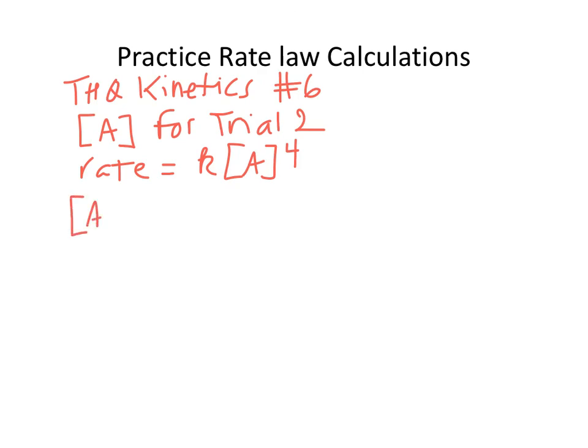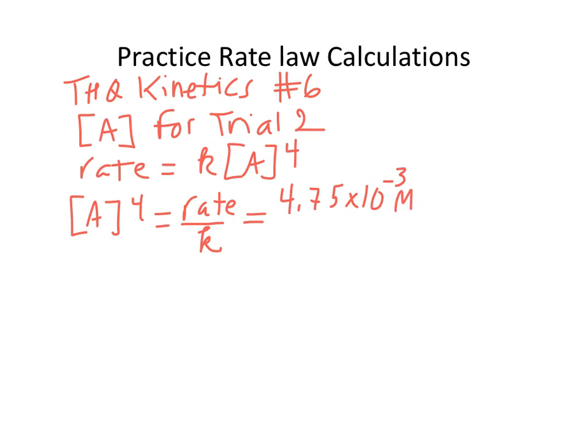So A to the 4th is equal to rate divided by k, and for trial 2, the rate is 4.75 times 10 to the minus 3 molar per second over k. And k is 6.91 times 10 to the minus 2 per mole per second.